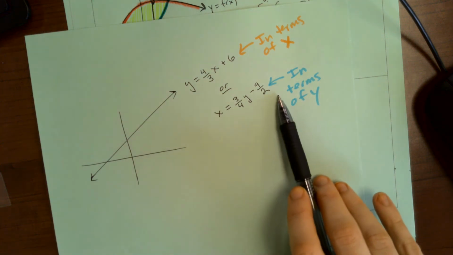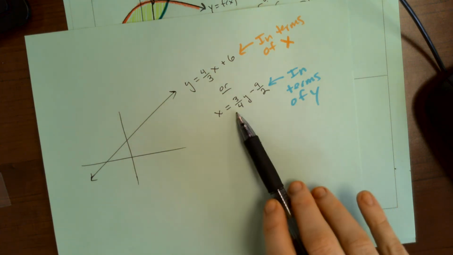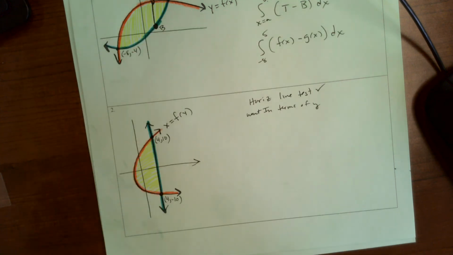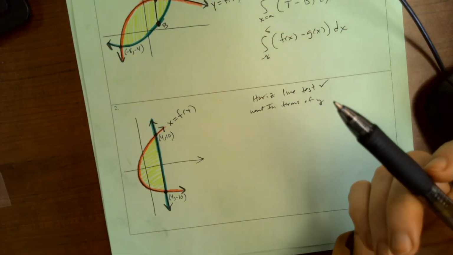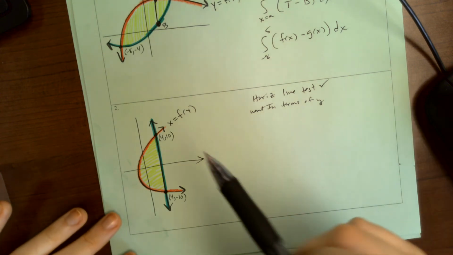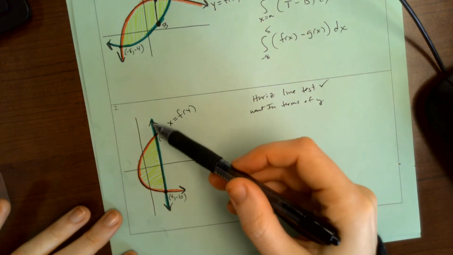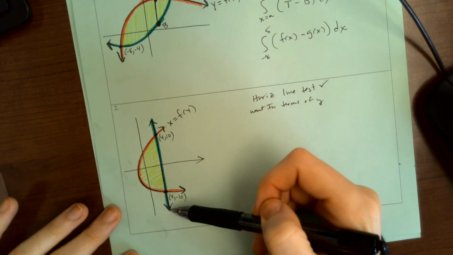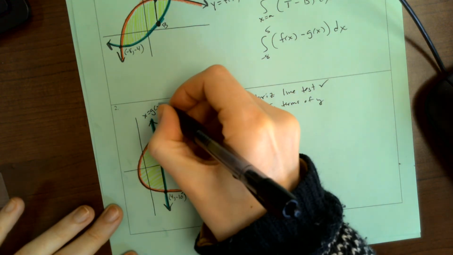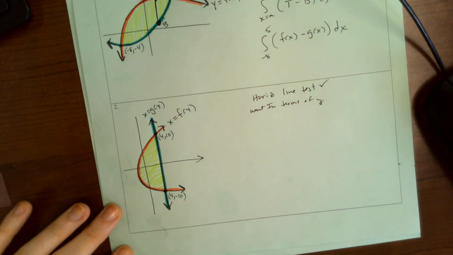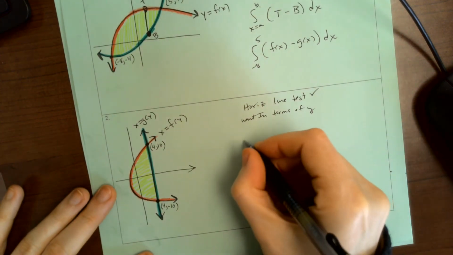Okay, so in terms of y, x equals the function in terms of y. Or it's not even a function actually, because it doesn't pass the vertical line test. But okay, and then this line right here, that's going to be g, so x equals g of y.